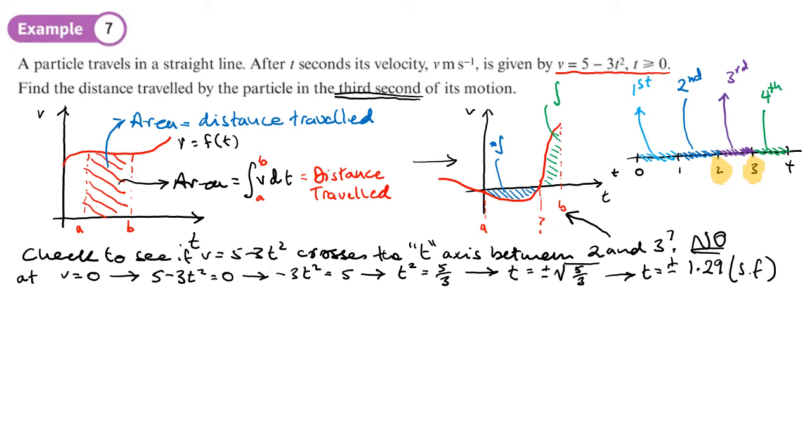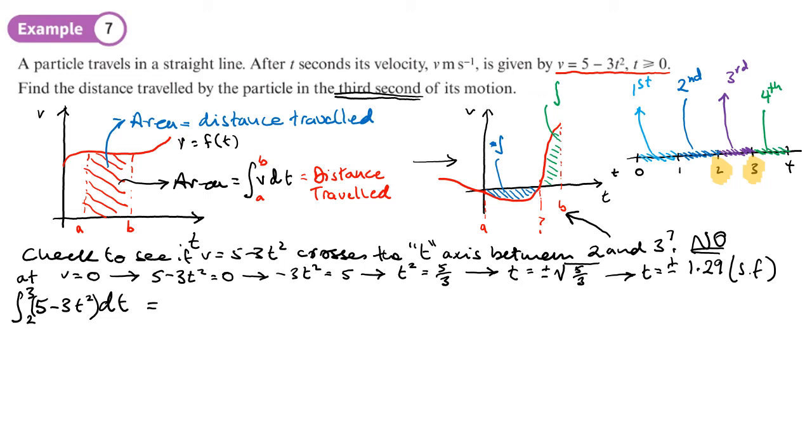So because it doesn't cross the axis between 2 and 3, I can now work out the distance by integrating. So now I'm ready to integrate between the limits of 2 and 3 of 5 minus 3t squared dt. There's going to be no constant of integration. This time when you have limits, it's definitely no constant.